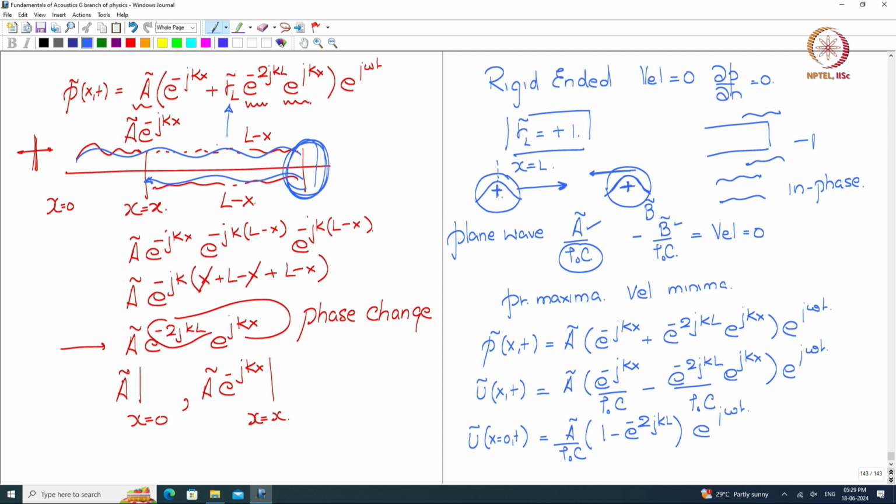And that happens to be u0 e to the power of j omega t. Okay, so let me take this to the next page.